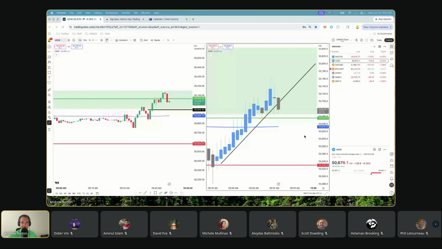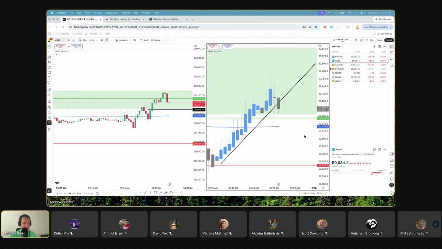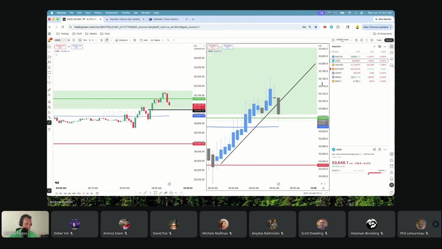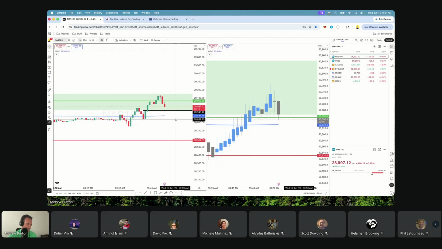We can't connect our TradeAvate account with TradingView here, and I think it's a TradingView issue, because TradeAvate's disconnected from TradingView because TradingView is not working that great today. If you're hanging around, you saw what happened. So we're trading on a paper trading account today.